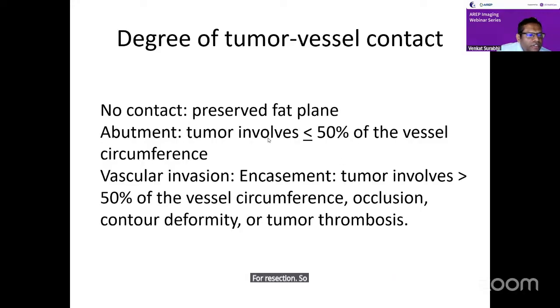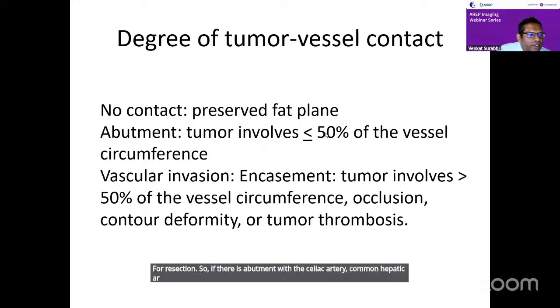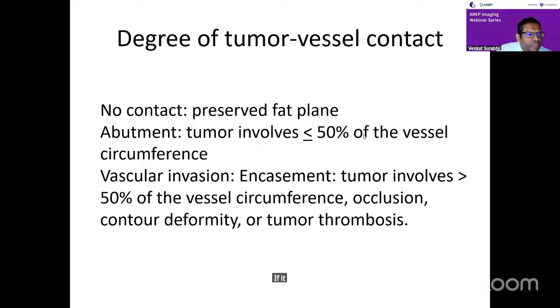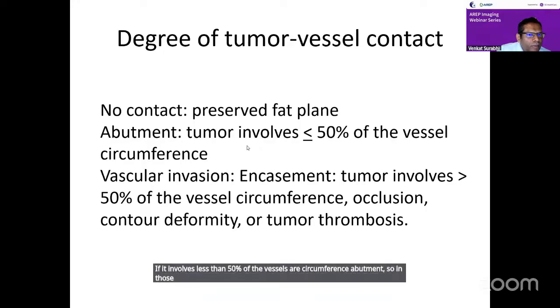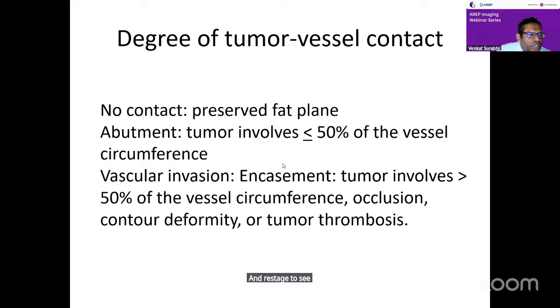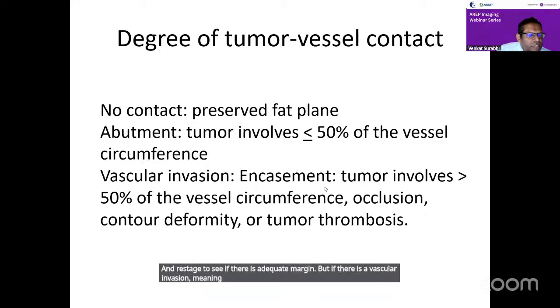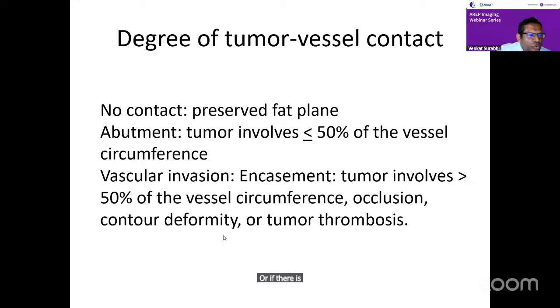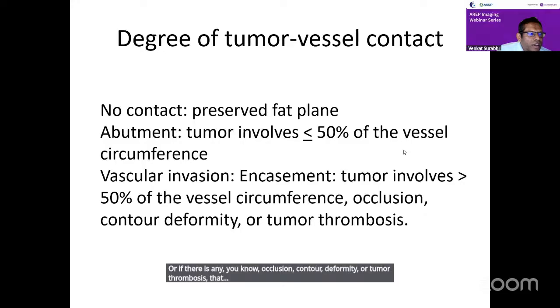So if there is abutment with the celiac artery or common hepatic artery, involving less than 50% of the vessel circumference, in those cases we can give chemotherapy and restage to see if there is adequate margin. But if there is vascular invasion, meaning complete encasement of 360 degrees, or any occlusion, contour deformity, or tumor thrombosis, that precludes surgical resection for extrahepatic cholangiocarcinoma.